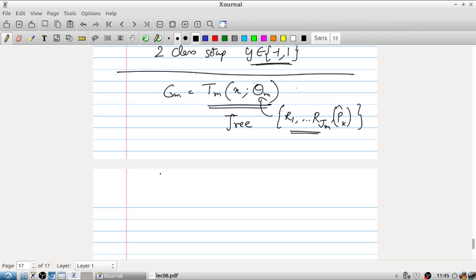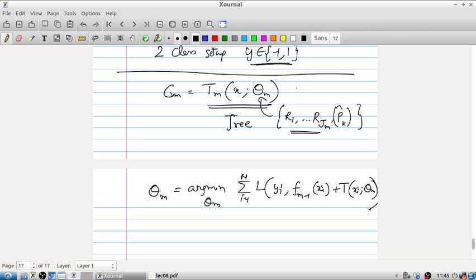So if you take the forward stage-wise additive modeling perspective, then at every step m, I'm going to compute theta_m to be the arg min over theta_m of the sum over i equals 1 to n of the loss of y_i, minus whatever trees I've already used, let me call the sum f_{m-1} of x_i, plus the tree itself which I'm optimizing over, T of x_i given theta_m.